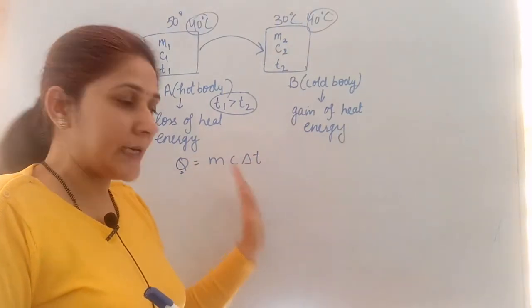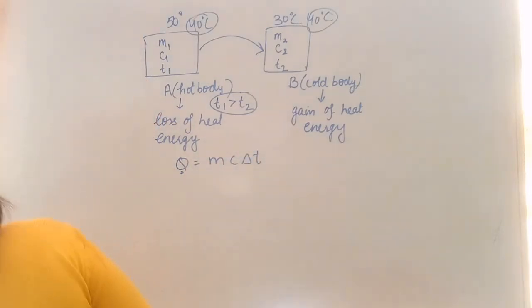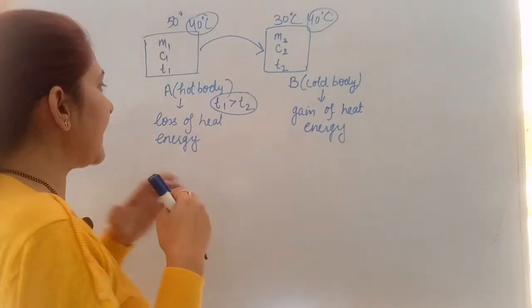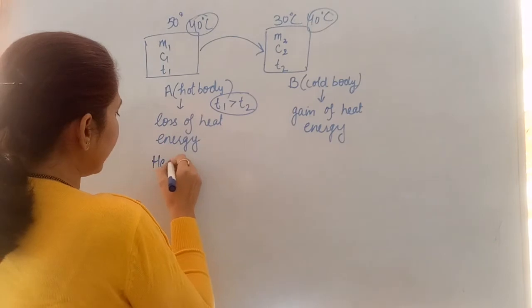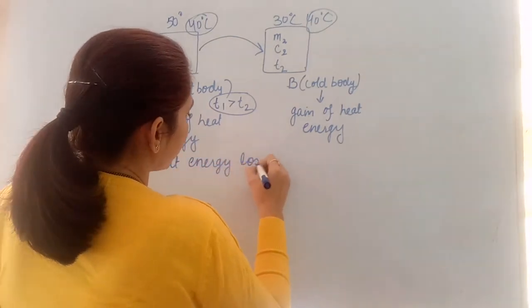So one is giving the heat, another one is taking the heat. So both ways we are going to equate it. How are we going to equate it? So let us find out the heat energy lost by body A first. So how can we find out the heat energy lost by body A?